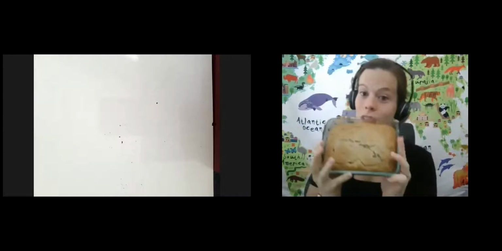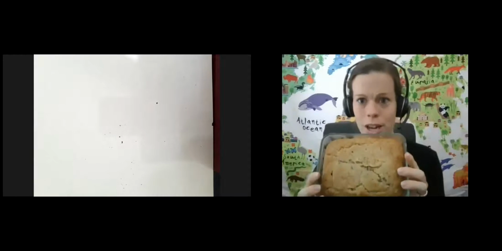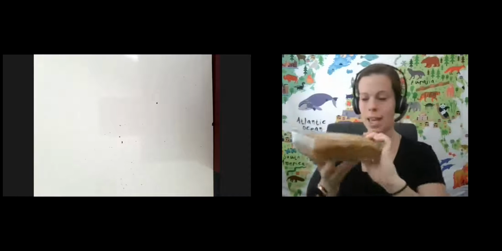Now, this pan of banana bread is in the shape of a rectangle, right? So when you're working with these rectangles today, just think about that, okay? Think of it as something in real life, and that really helps. This banana bread pan is a rectangle.